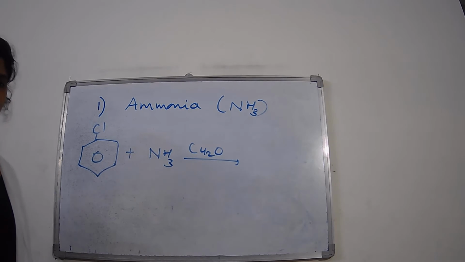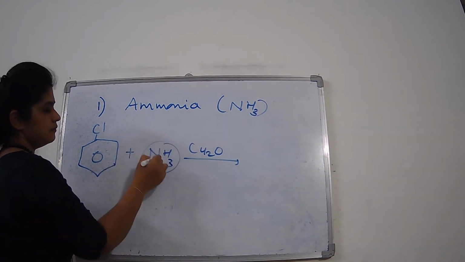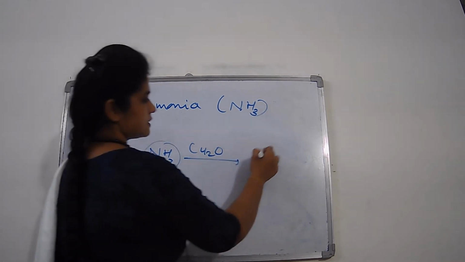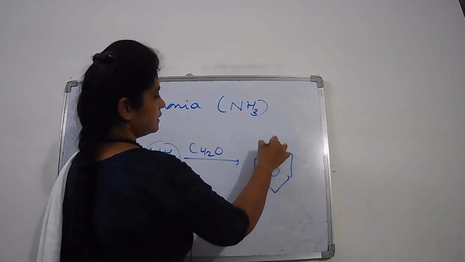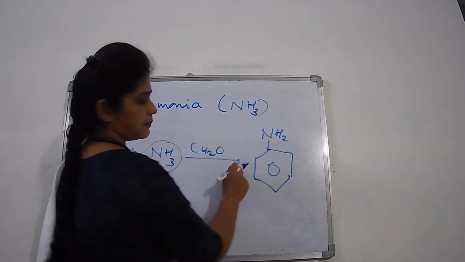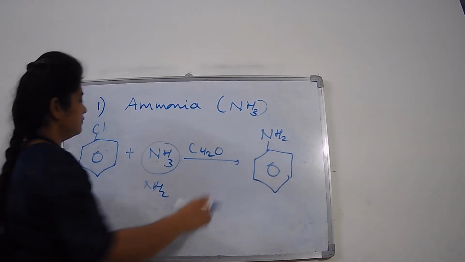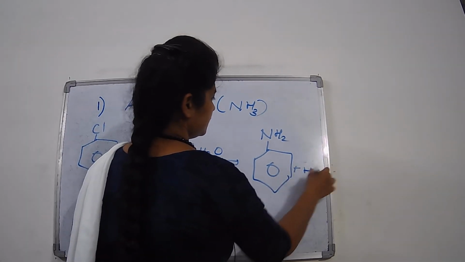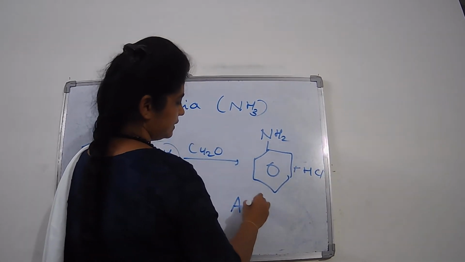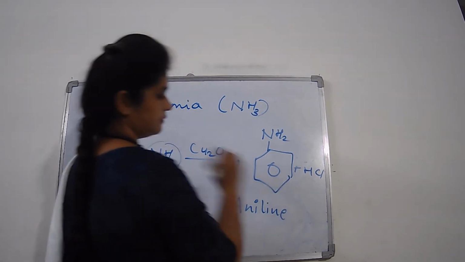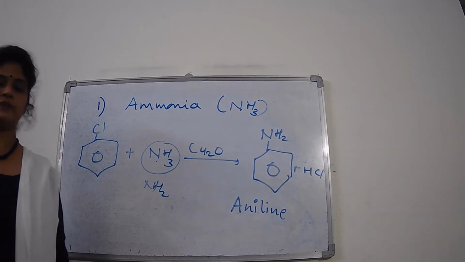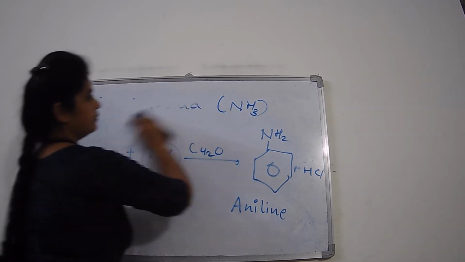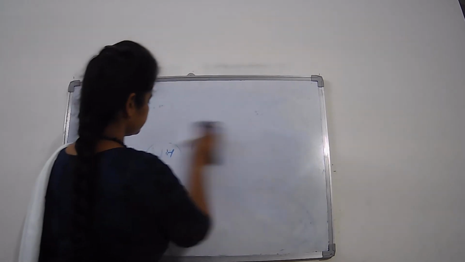Cl gets substituted by NH2, and the remaining HCl is removed here. What is the name of this compound? Yes, it is aniline. This is one of the substitution reactions carried out by chlorobenzene.